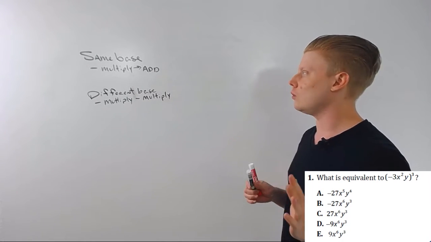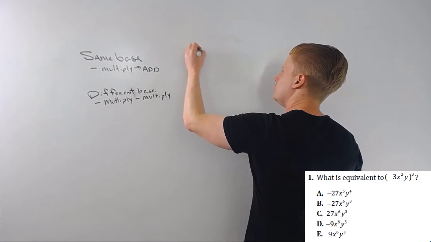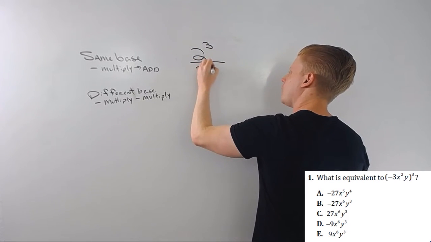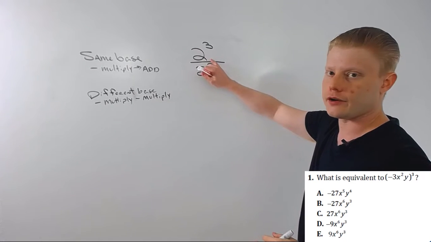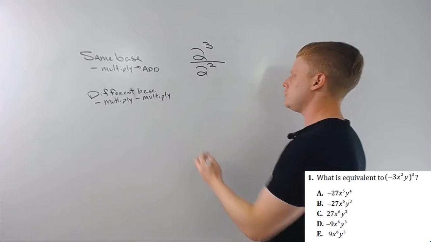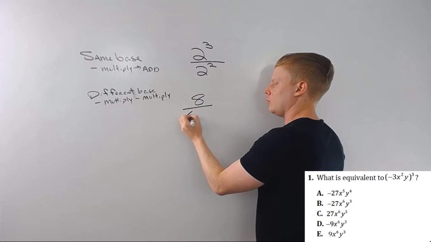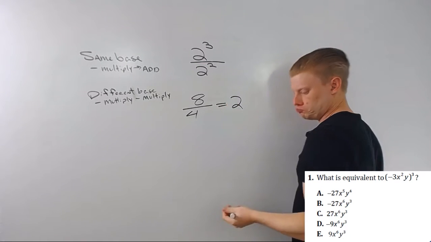Okay, so let's talk about division. Let's say I have 2 cubed divided by 2 squared. Well, let's do it arithmetically, and then we'll come back and talk about the powers. 2 cubed is 8. 2 squared is 4. 8 divided by 4 is 2.